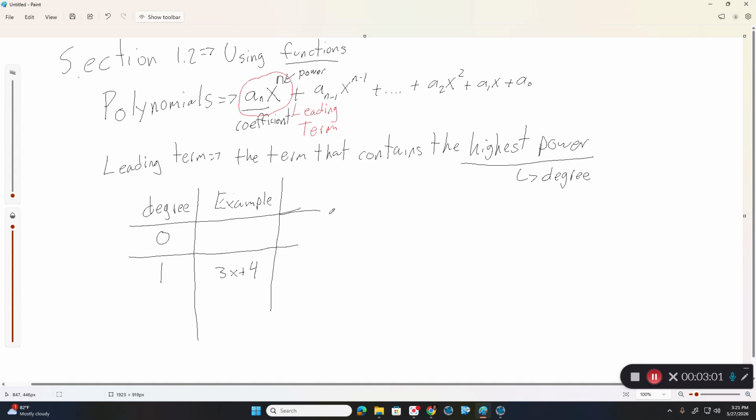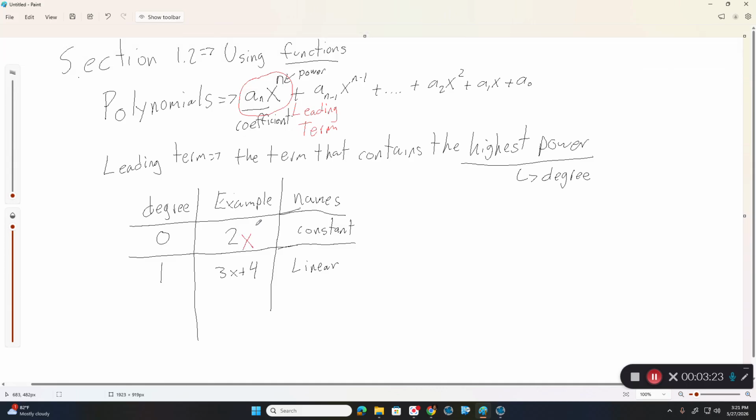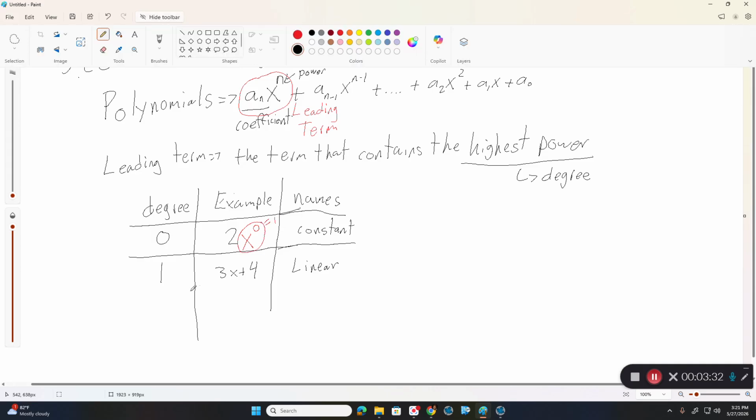All of these have names. For example, we call a degree 1 polynomial a linear function. A degree 0, we call it a constant function. Notice, even though it's still there, I am not writing the x to the 0 because x to the 0 just equals 1. So we actually get to omit that pretty much for free.